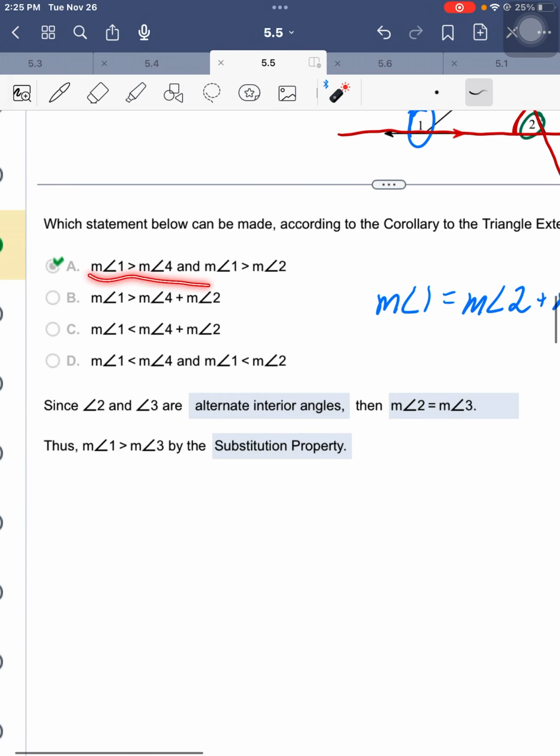Now, I have this known to me, and now I have this known to me. So how can I make this leap right here? Well, I can use substitution, right?